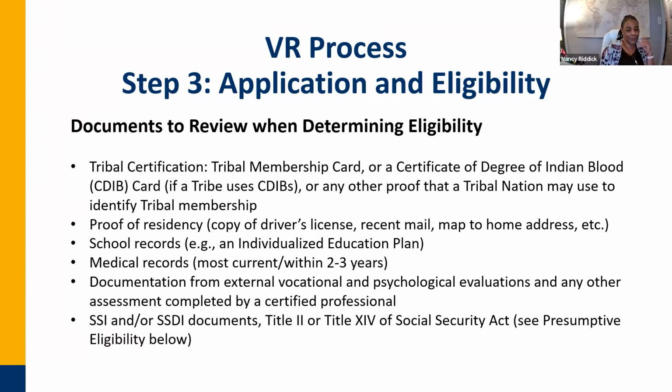Heather had asked a question. She said, could you explain the map to the home address? Would that be proof of address? Yes, because we know a lot of our participants and ourselves, if we actually live on the reservation, we may not have a street address. If you don't have a house number or a street address, you do need proof of their home address, and the best way is to physically draw out a map.